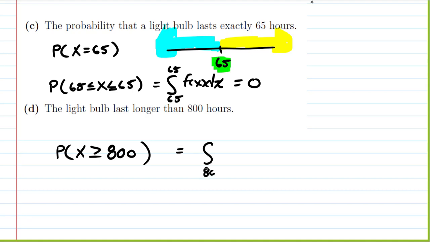It's got to be bigger than 800. Well, how far up does x go? Forever. So what's our symbol for forever in math? That would be infinity, right? So we would integrate from 800 to positive infinity of f of x dx. And that would represent the probability that the light bulb lasts more than 800 hours.